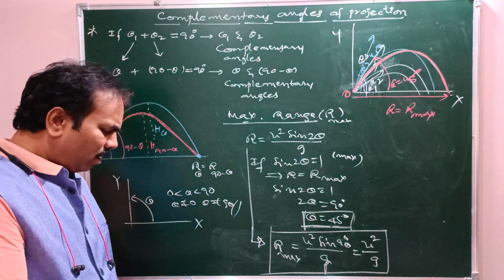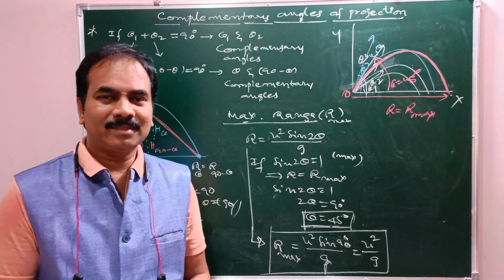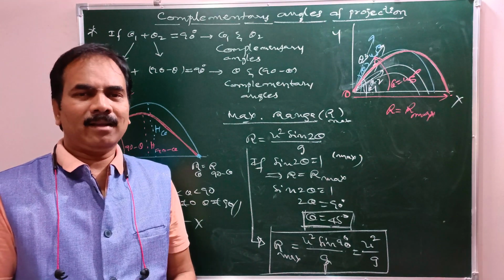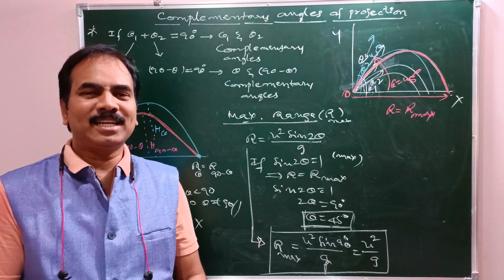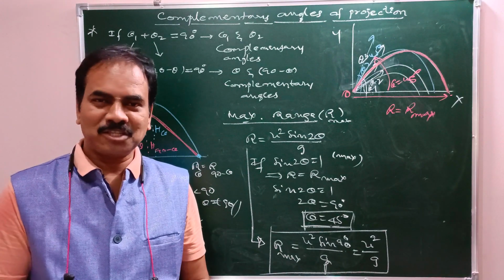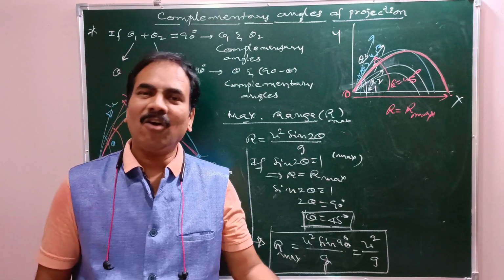Now let us see, for complementary angles of projection, what about maximum height? Suppose one body is projected twice at a given place with a given speed of projection, once at theta, one more time at 90 minus theta with the horizontal.